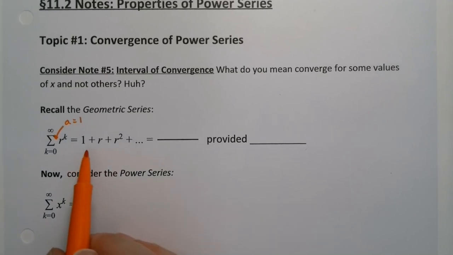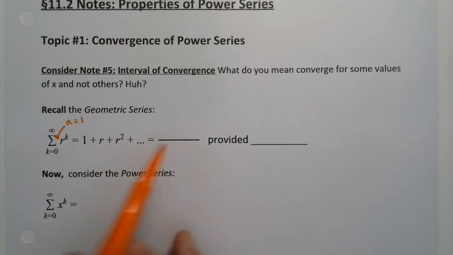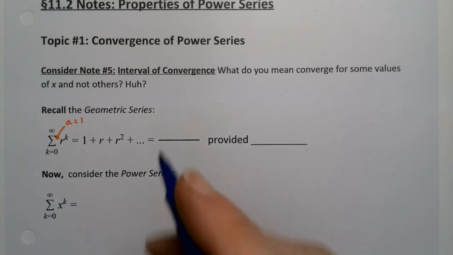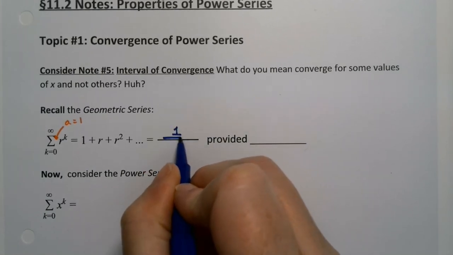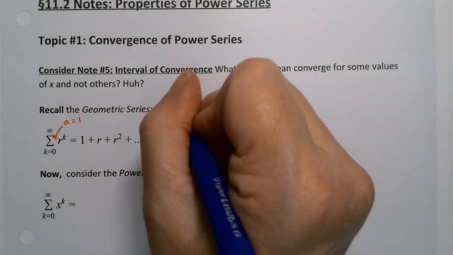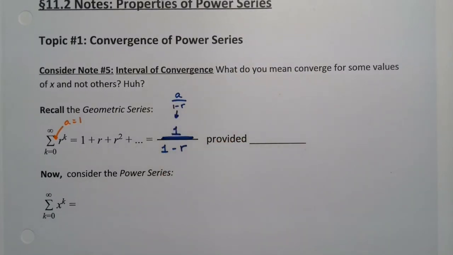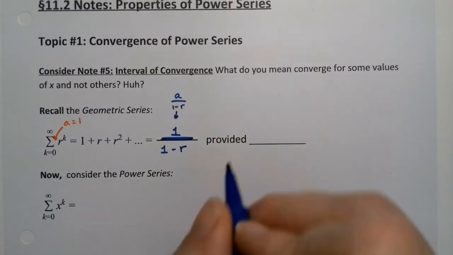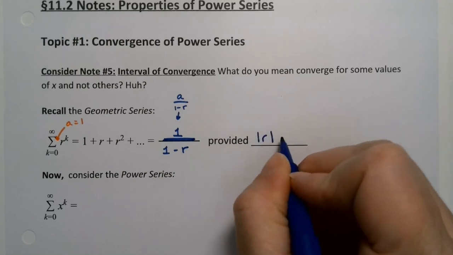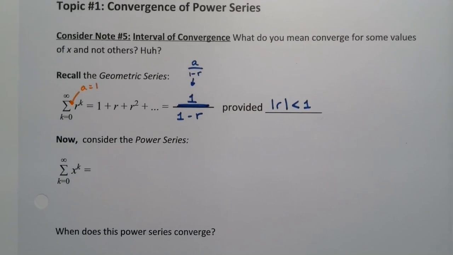So when we write out the series, it's 1 plus r plus r squared plus r cubed plus r to the 4th, etc. And we know that that sum would be 1 divided by 1 minus r. It's a over 1 minus r is the formula, but a is 1 for us. And that will be true provided that the absolute value of r is less than 1, because it's a geometric series.